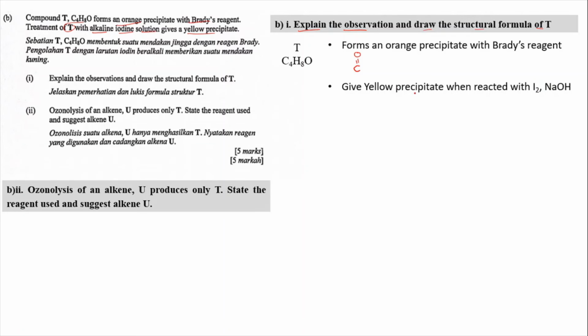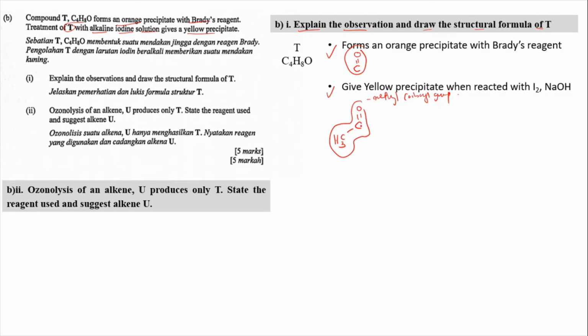So the iodoform test is used in order to detect a methyl carbonyl group. Okay, so it means that the structure T here must have C double bond O and CH3. So the observation here will give the structure of this one, and the other observation here will give the structure of like this.